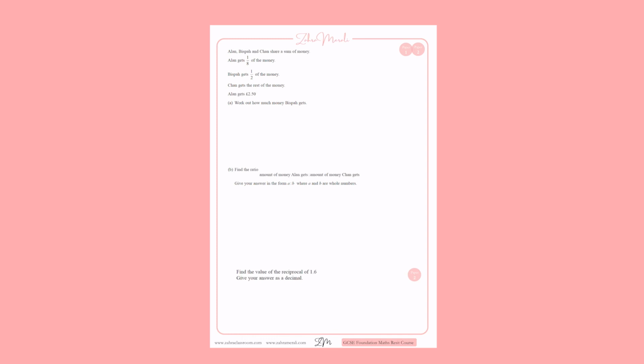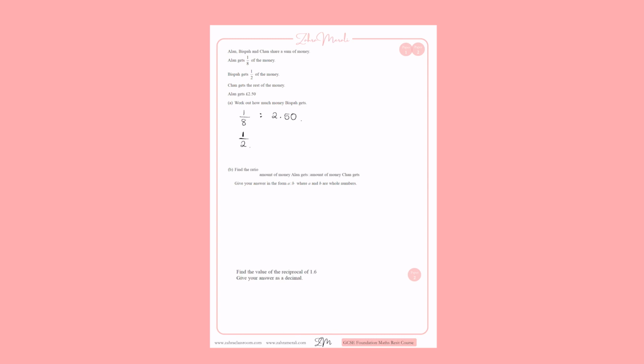Okay, so we know that 1/8 is equivalent to £2.50. So if you like, 1/8 is in a ratio of £2.50. Now, we are trying to work out what a half is.